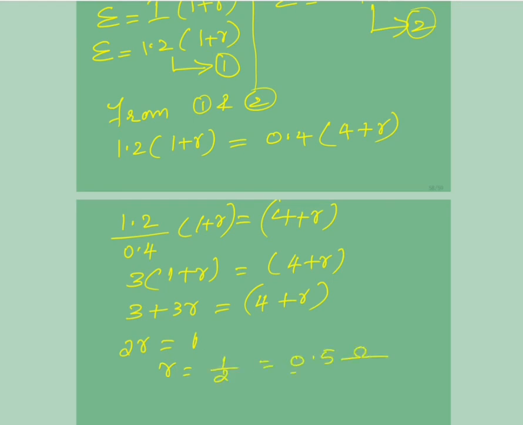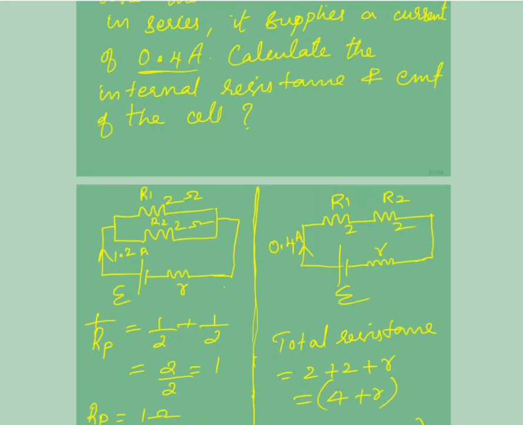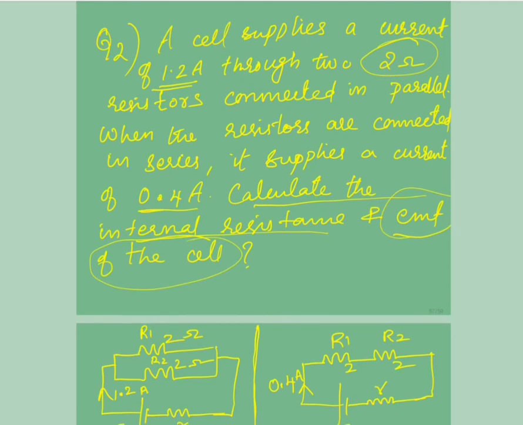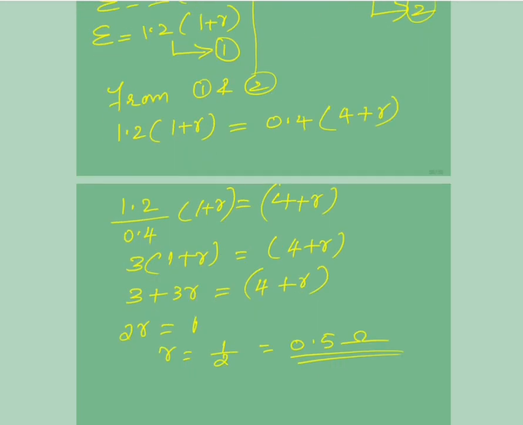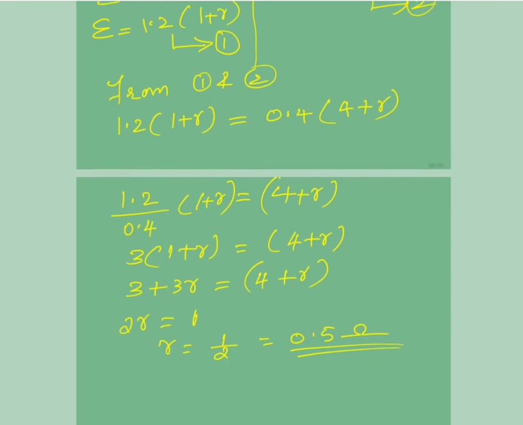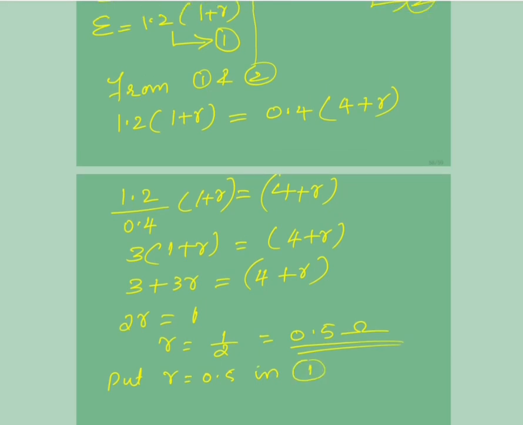Now the next question is to find the EMF of the cell. It is very easy. You just have to put the value of internal resistance which we got just now in any of the equations, either equation number 1 or equation number 2. Let's take equation number 1. So put the value of r, 0.5 ohm, in equation number 1. So EMF is equal to 1.2 multiplied with 1 plus r, that is 1.2 multiplied with 1 plus 0.5.